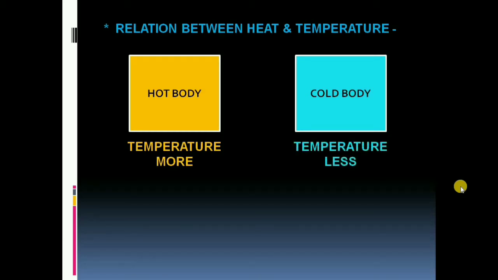So temperature is a physical quantity which gives us an idea about a body being hot or cold. If the temperature is more, the body will be hot. If the temperature is less, the body will be cold.